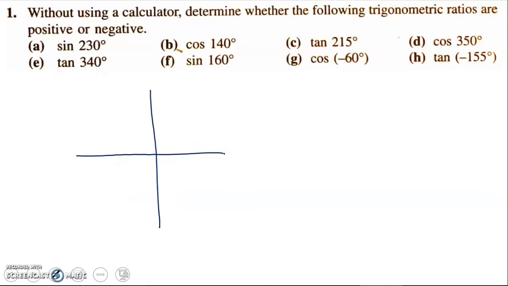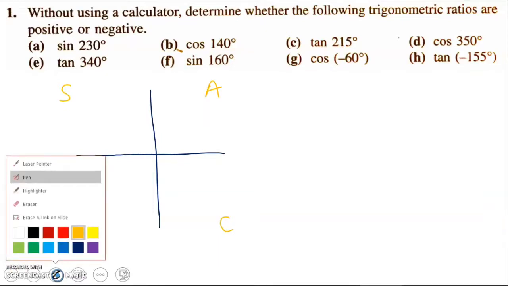Without using a calculator, determine the following trigonometric ratios, whether they're positive or negative. That's all it's asking. So sine 230. Remind yourself what we learned in this video: everything is positive in Q1, sine is the only thing positive in Q2, tan is the only thing positive in Q3, and cosine is the only thing positive in Q4.